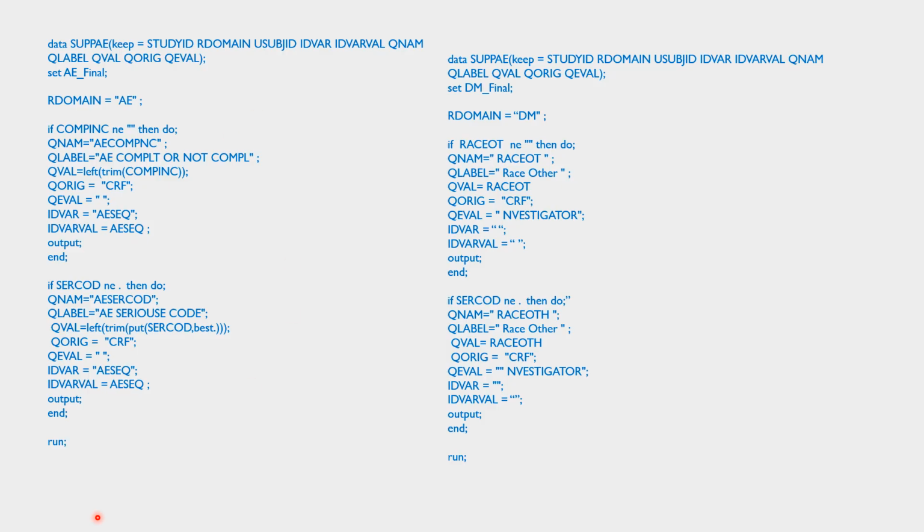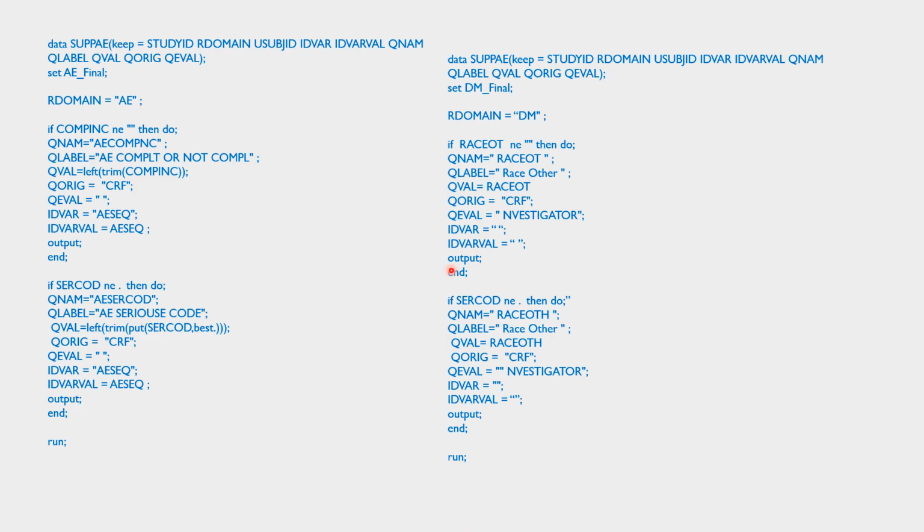Here I kept something like the DM domain. For the DM domain the code will be similar, as I discussed earlier with the example. If race other is not equal to missing, then do. QNAM will be that variable name, the label will be that variable label, and the values of the variable we allocate to QVAL. QORIG will be CRF and QEVAL will be investigator.